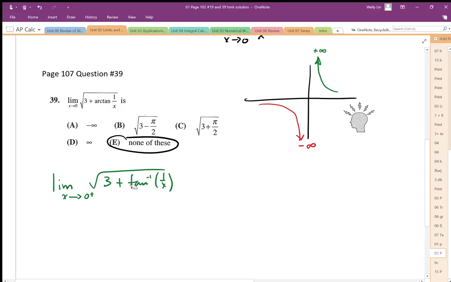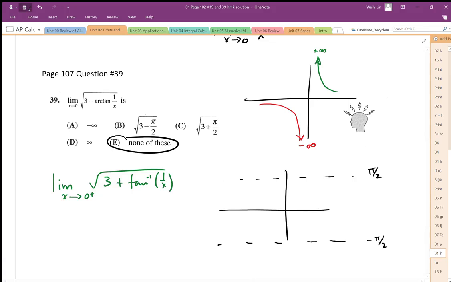So that means we can analyze the arctan of 1 over x as it approaches 0 from the positive side. If we look at the arctan function, it has a horizontal asymptote at pi over 2 and negative pi over 2. As x approaches positive infinity, the graph of arctan approaches pi over 2.